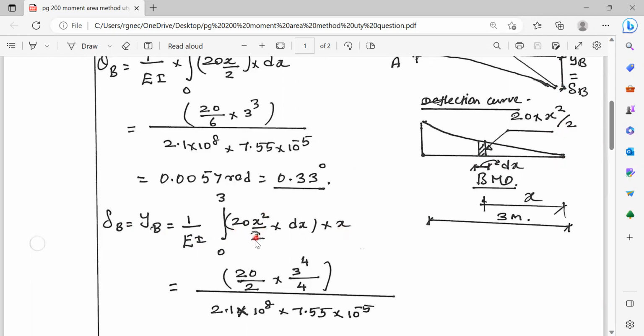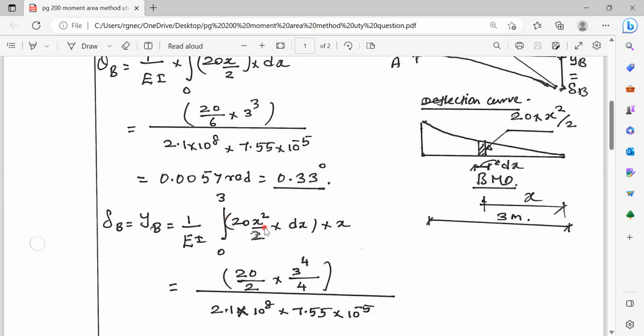This is the bending moment ordinate into dx. This is the area of the bending moment diagram. B is the point from where we have to take the moment. Therefore, it is x. This into x is the moment of the area of the bending moment diagram. And B is the origin, integrated between 0 to 3.